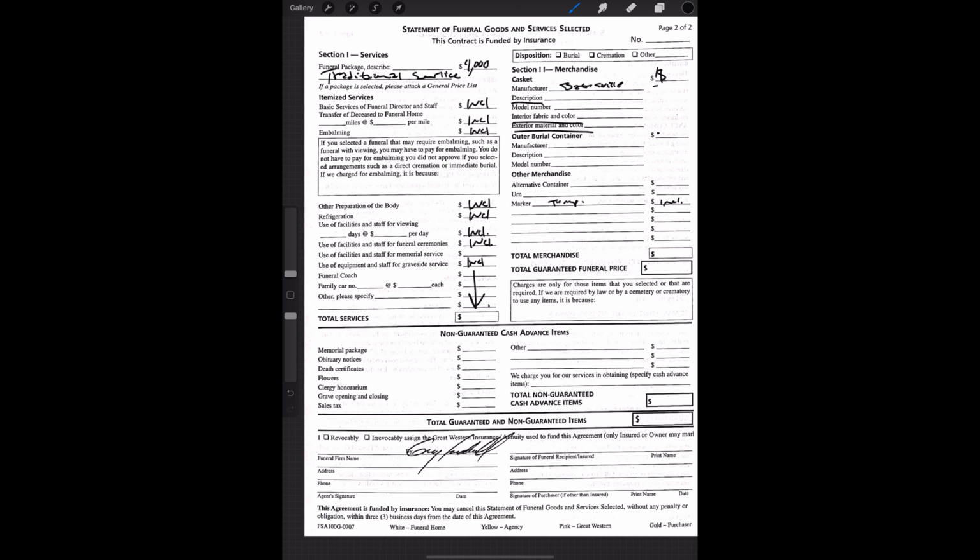Let's say this is $2,500. And our vault is $1,400. So what's that? $3,900 merchandise. And $4,000 services. We're at $7,900. But he has a $9,500 plan.